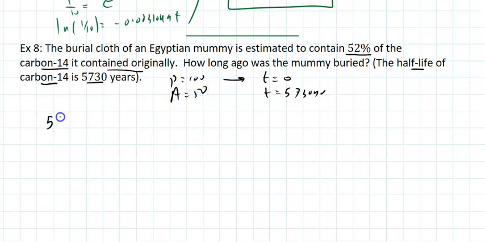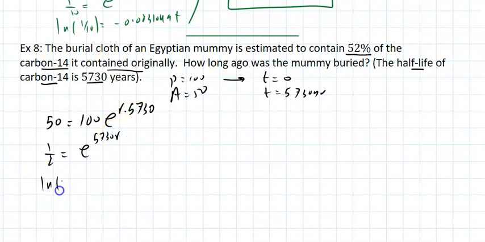I'll say, if I had 100 initially, e to the r, in 5,730 years I will have 50. So 1/2, if you divide by 100 on both sides, transform to log from exponential, divide by 5,730, and you notice we're doing the same thing over and over.